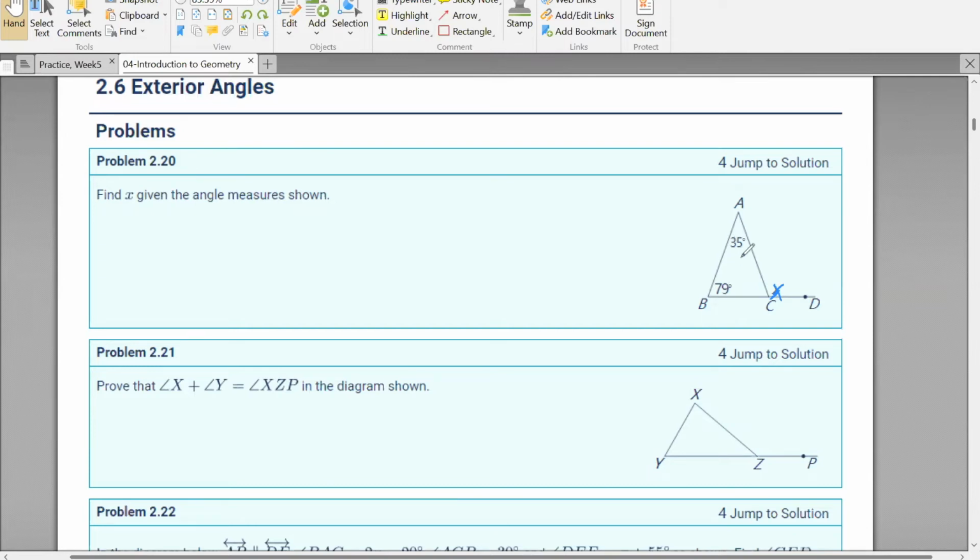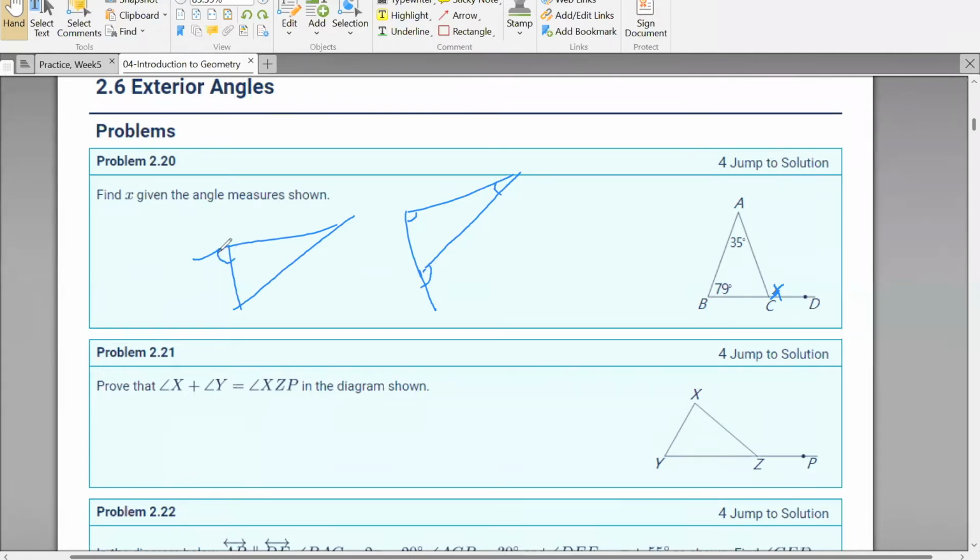What do I mean by remote? See here, if this is my triangle and say, here's the external angle. This is the external angle. Now, the remote internal angles are this and then this. These are two remote internal angles for this external angle. Another example. So for example, say this is the external angle.